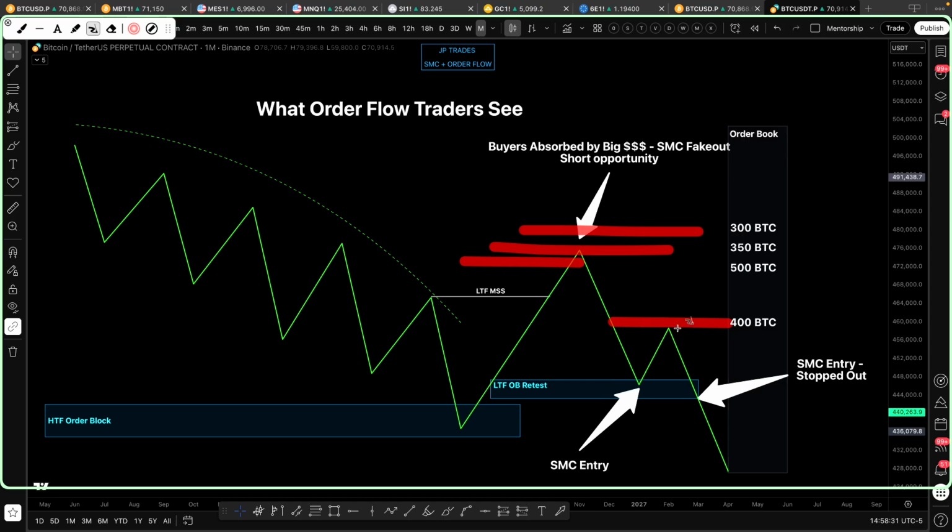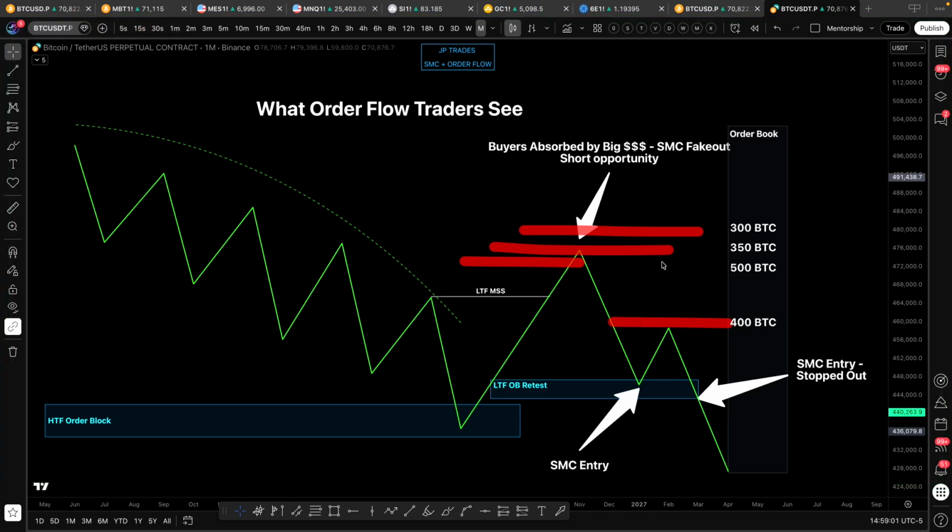And what usually happens after that, they continuously set up walls to absorb even more traders and to fill even more of their bags. They want a bigger position. So if you would have taken a long here or here, you would have gotten stopped out. However, if you would have seen this very simple information, you would have saved yourself a loss.